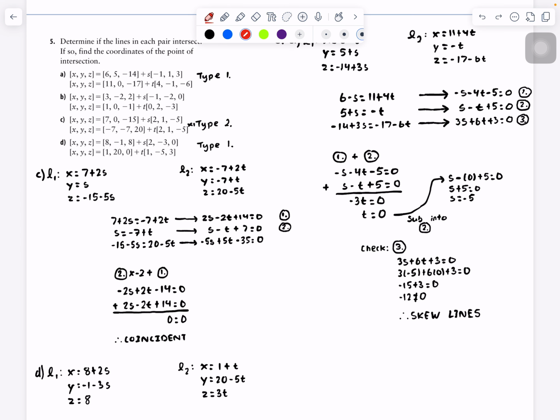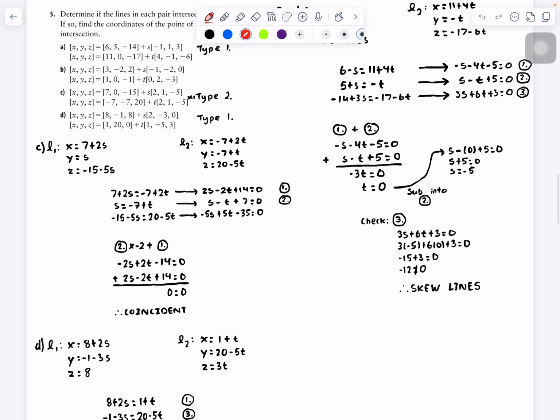5C, okay, same deal. Well, actually, not really. First, remember, this is a type 2 problem. The direction vectors are parallel here. So write the parametrics down for each line. Boom. Next, equate them. Good. Then take everything over to the left-hand side. Right-hand side equals 0.